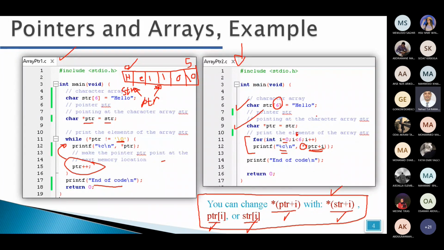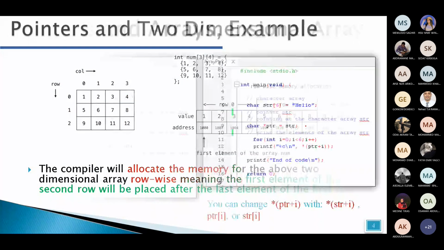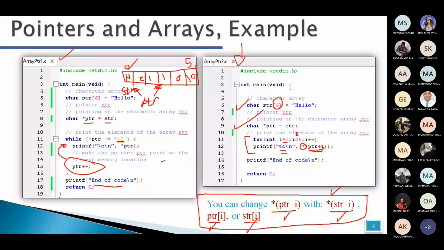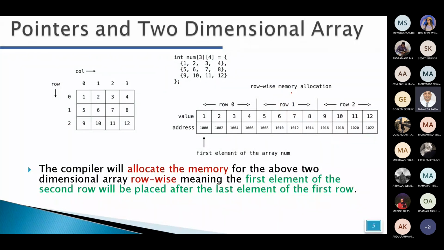Okay. So now, using pointers with a two-dimensional array. Here is the way of creating a two-dimensional array. We identify how many rows. So we have 3 rows here, and we have 4 columns.